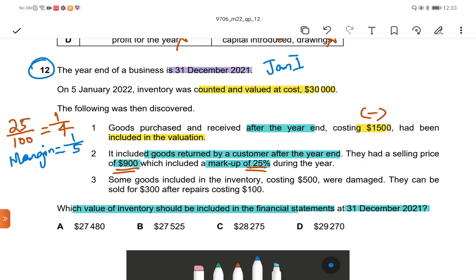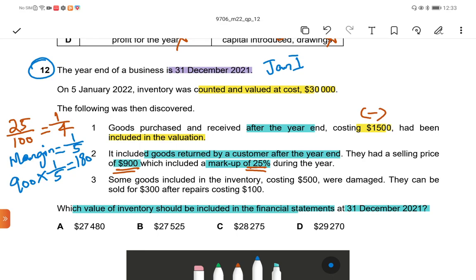So the margin amount is 900 multiplied by 1 by 5, which is equal to 180.